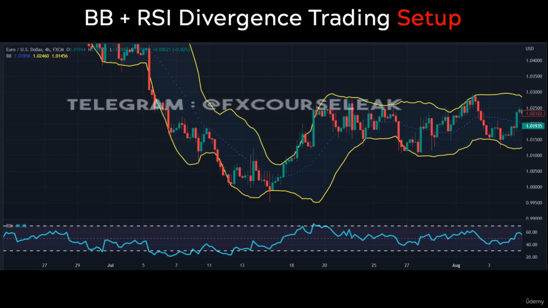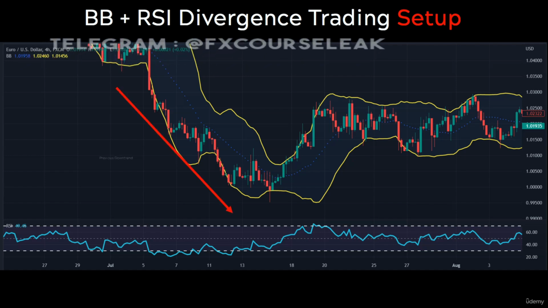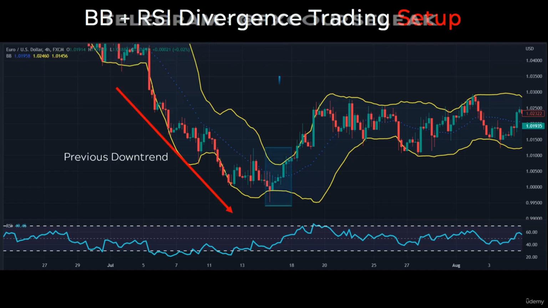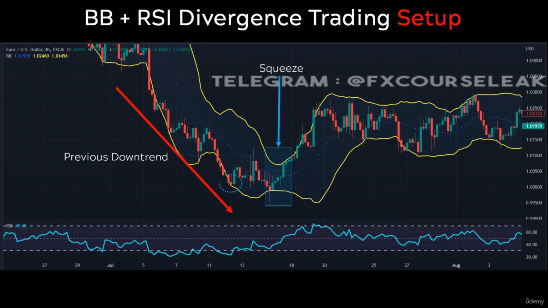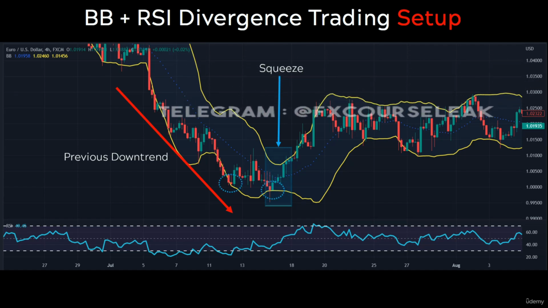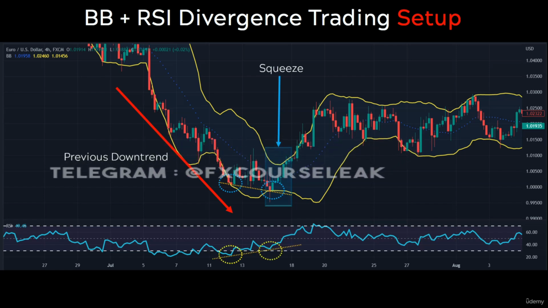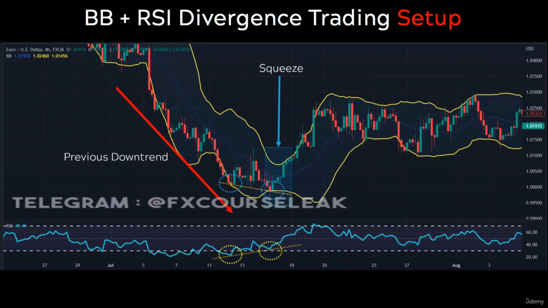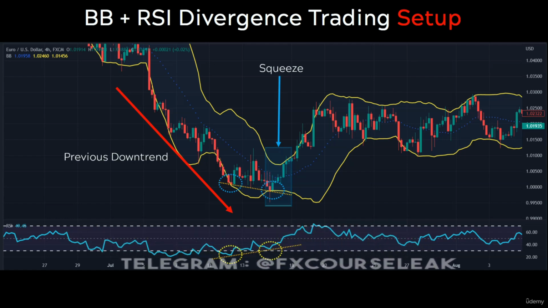Now the first chart is of Euro USD currency pair. Just notice this contraction in Bollinger Bands after the previous downtrend and look at the price action. Price is making lower low at these 2 points. But when you look at the RSI, it's making a higher low, which in fact indicates a bullish divergence. So friends, this adds a high probability that markets may reverse from here.